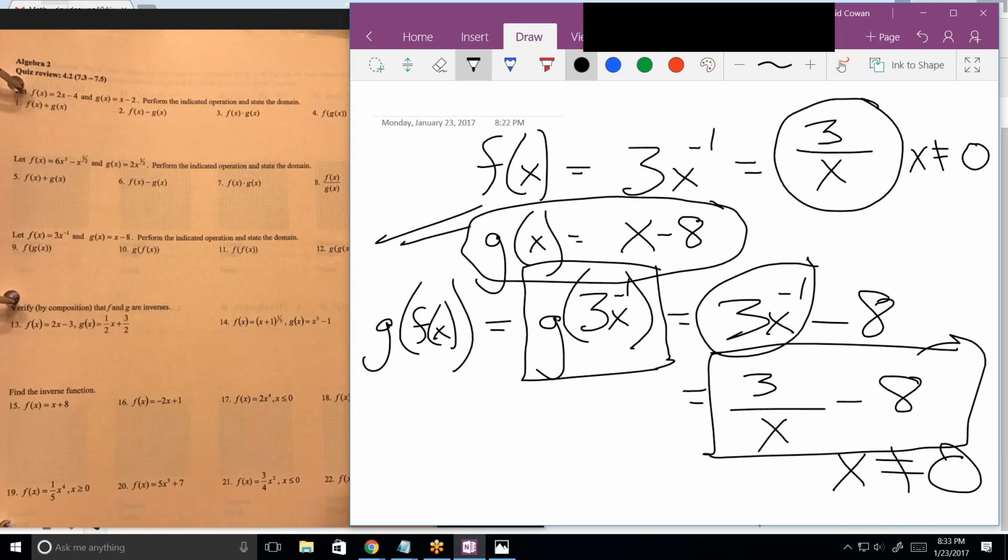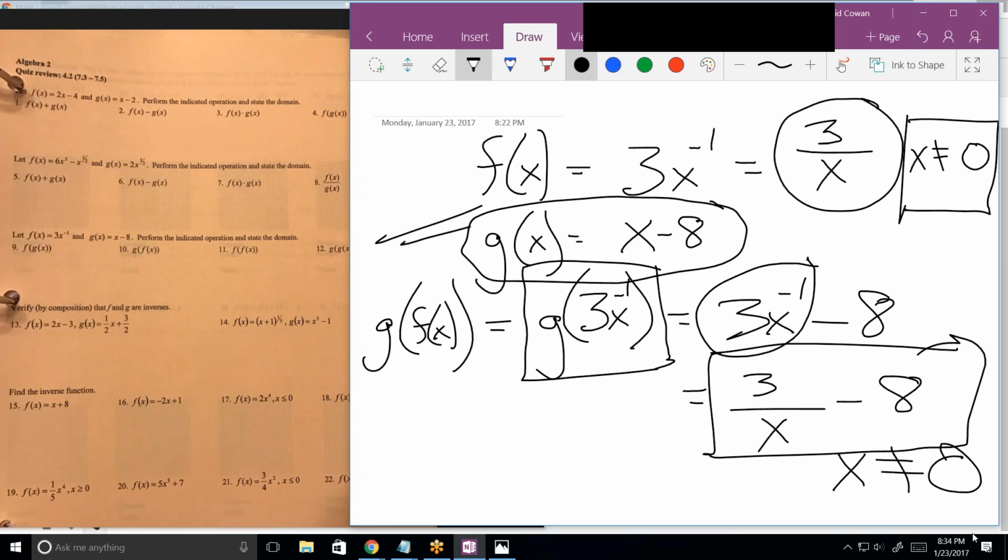If I'm dividing by x minus 8, well, that's another degree of difficulty. Then x minus 8 cannot be 0. But in this case, I'm only dividing by x. So x cannot be 0, which was already a restriction from f of x. So there's no additional restrictions.